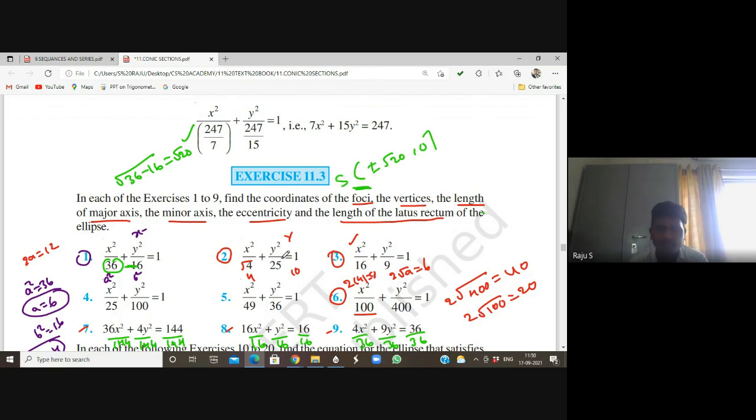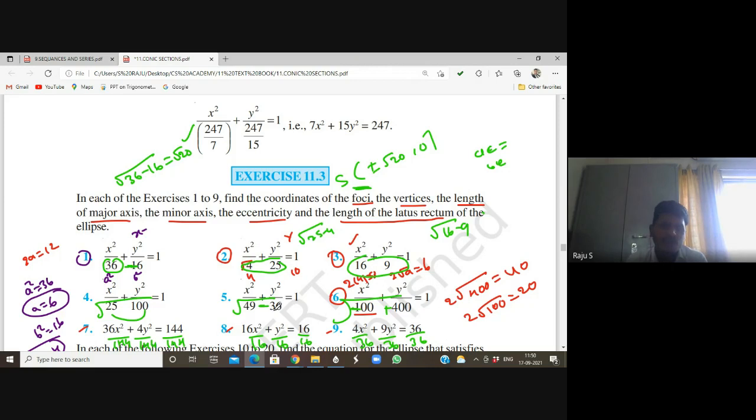And next one, what is the foci here? Root of 25 minus 4. Root of 16 minus 9. Nothing but a square minus b square or b square minus a square. How to find foci: highest value minus least value, square root. Here 49 minus 36, here 400 minus 100. Like this we can find the foci.